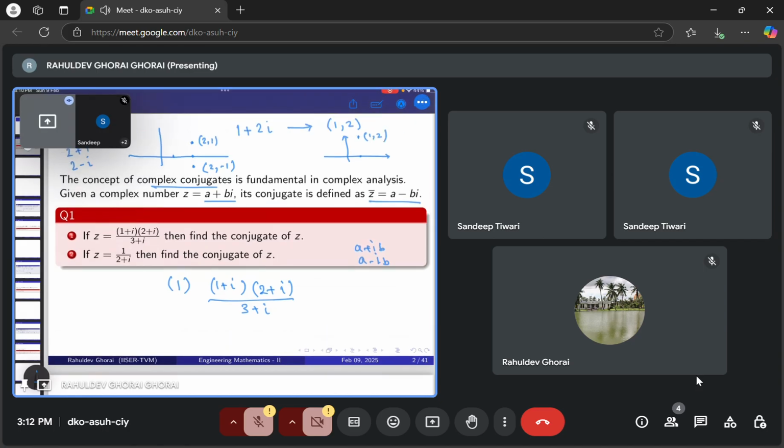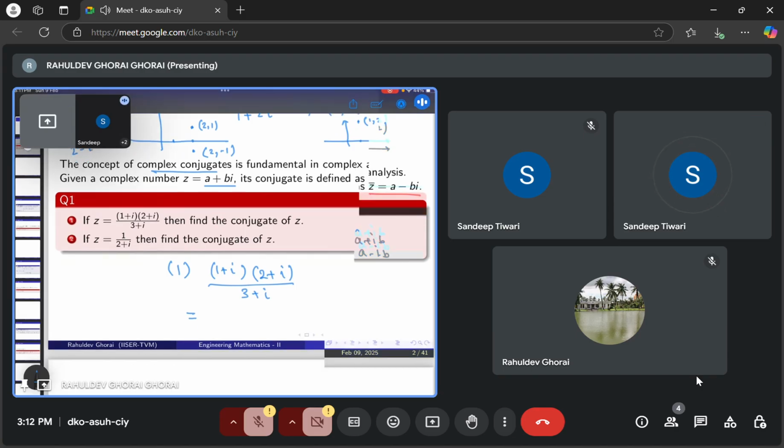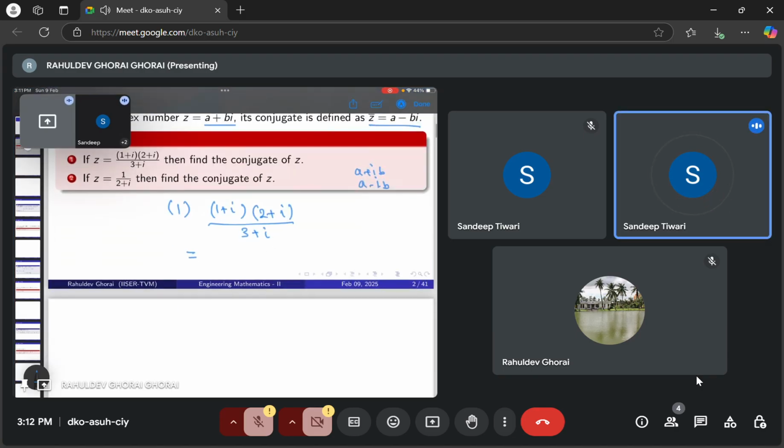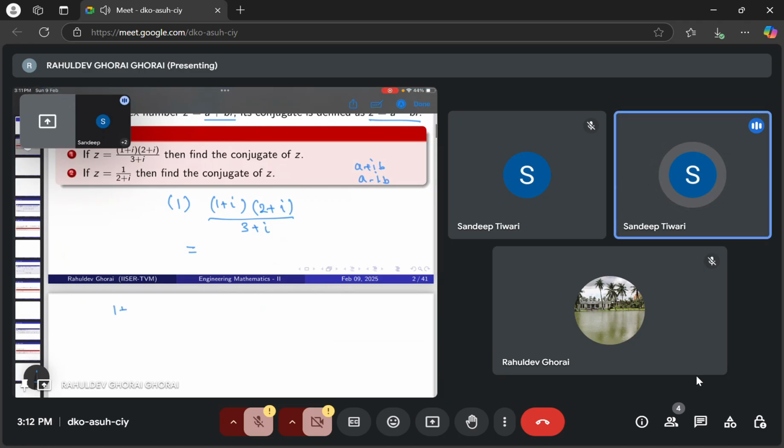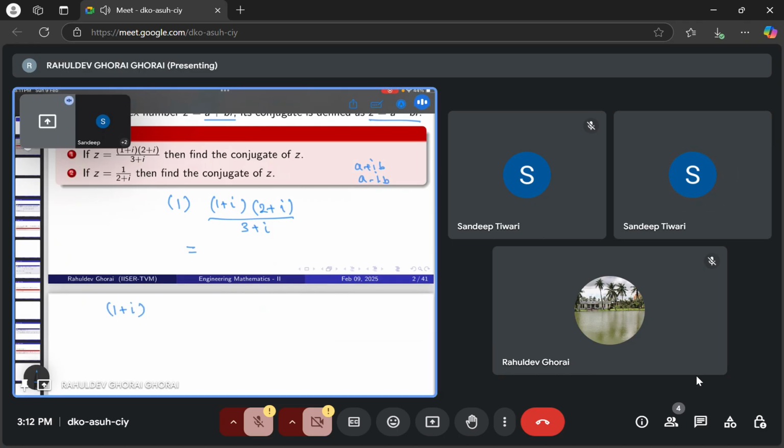Yes, sir. Okay, Sandeep. What can you do? Let me do it first, then you do the second. Sir, first take the conjugate of the numerator and denominator. Conjugate of numerator and denominator, then I have to check that. Let us check it now itself.